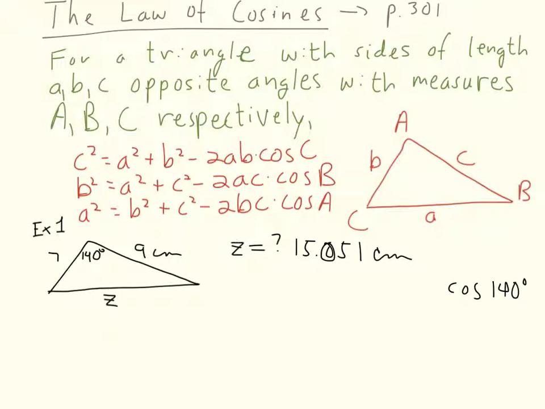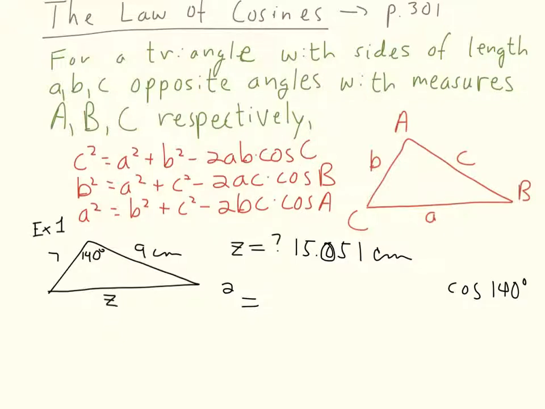Now the question is, what side length do you square over here by itself? We mentioned very briefly that whatever your angle is in the law of cosines, the side by itself that gets squared is going to be the one opposite the angle.